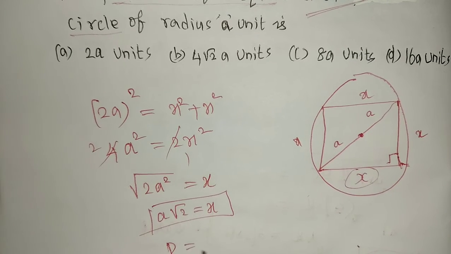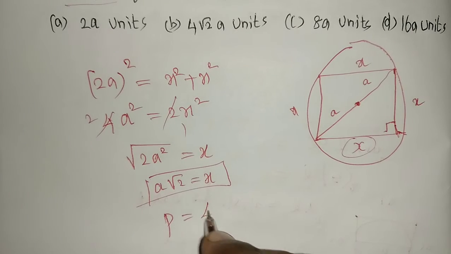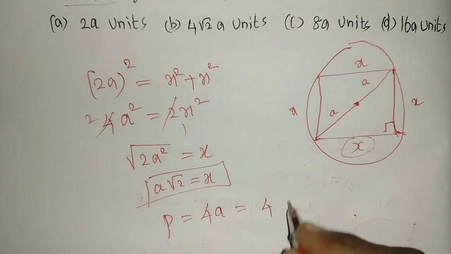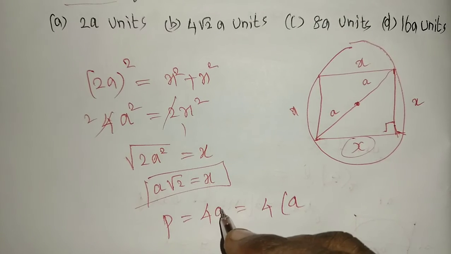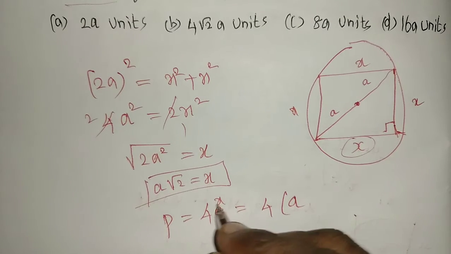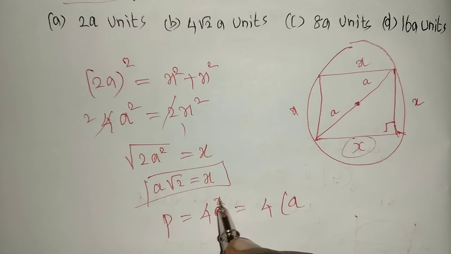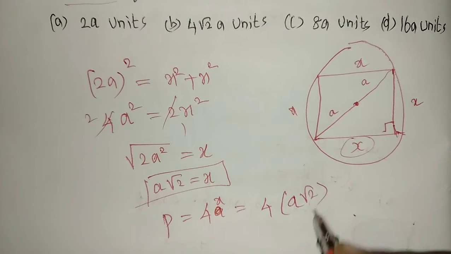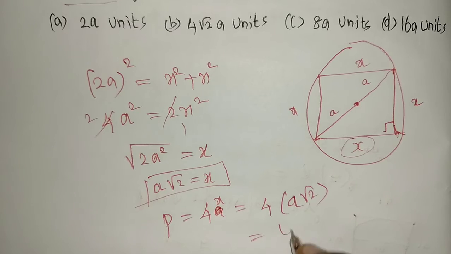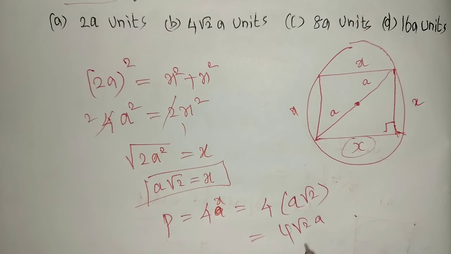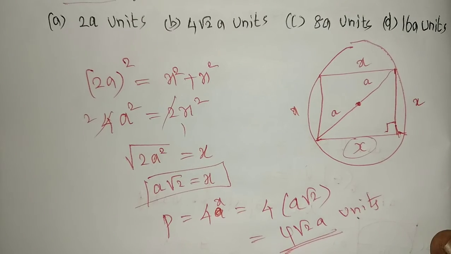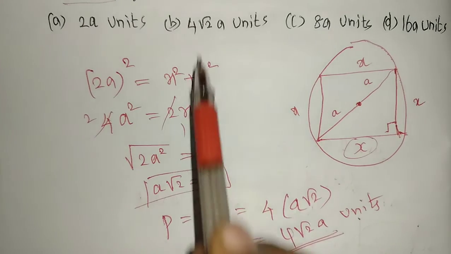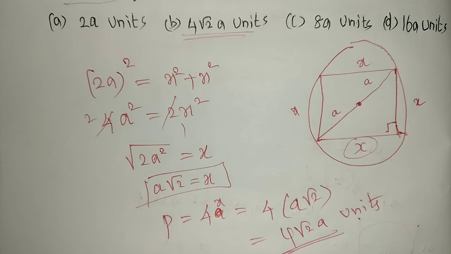The perimeter of the square is 4a, meaning 4 into the side, and the side is x. So 4x. The x value we know is a into root 2. If you multiply this together, 4 root 2 a units. That's it. So this is our required answer, where we have 4 root 2 a, option B.